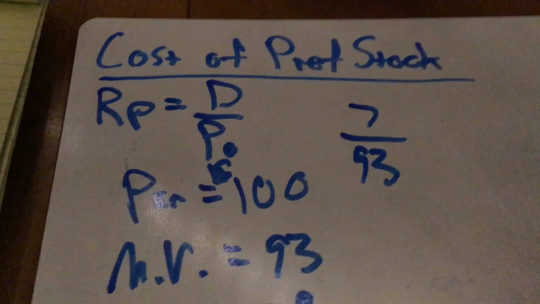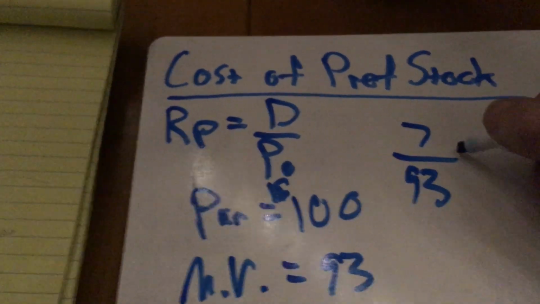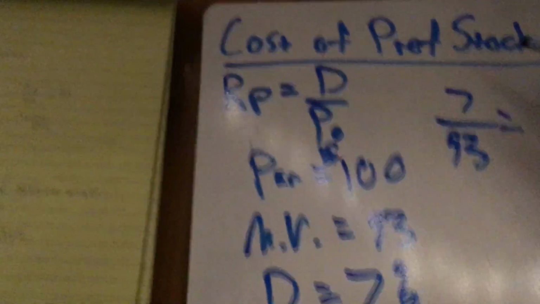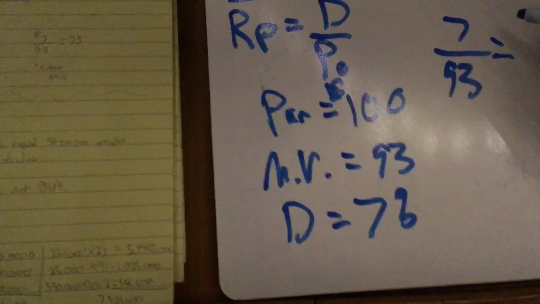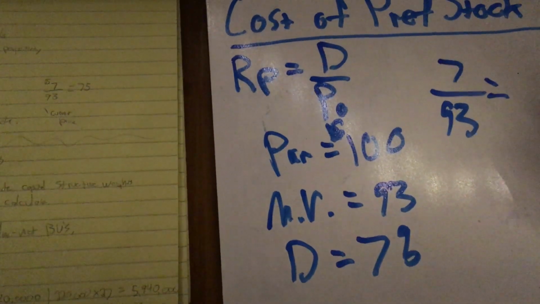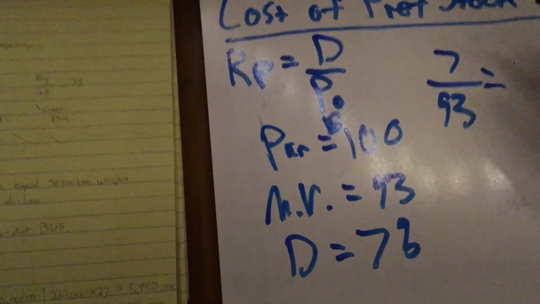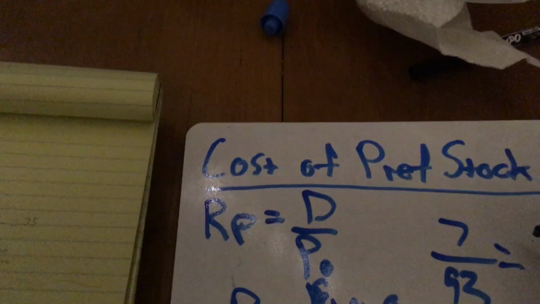So what you would do is divide 7 by the market value, which is 93, which equals 7.5%.